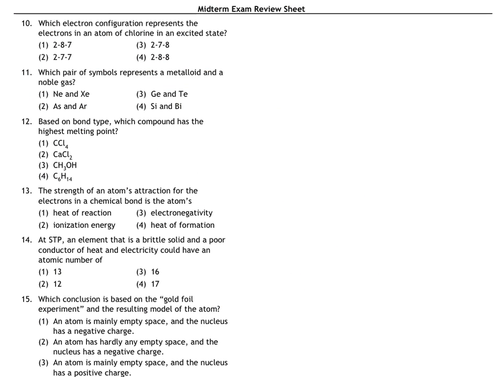Number 10, which electron configuration represents the electrons in an atom of chlorine in an excited state? So chlorine's configuration is 2-8-7 in its ground state. That means that excited state is going to show that one of these electrons has been moved up to an orbital above where it should be.